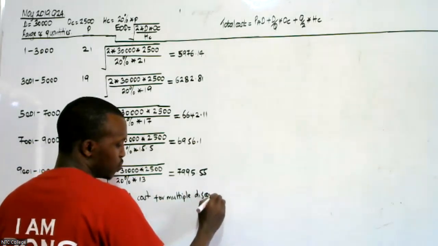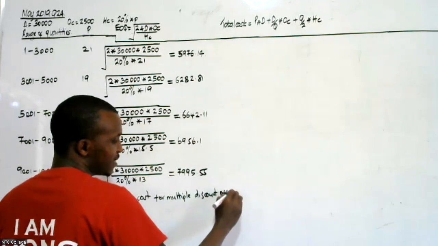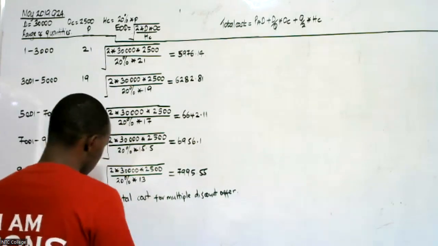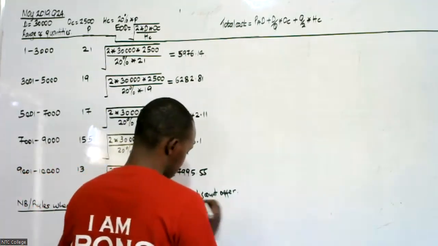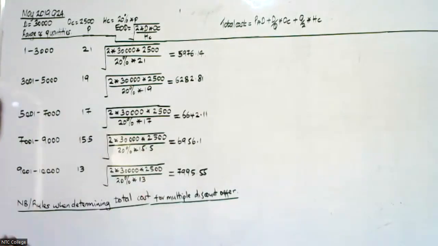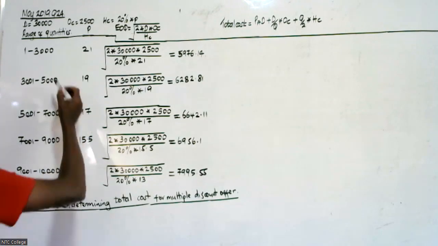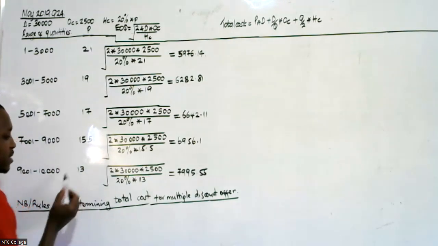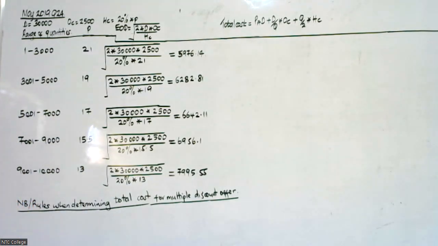What we have previously done is what we refer to as single quantity offer, like the previous question of December 2021. But this one is a multiple discount offer, where different quantities are being purchased at different prices. So total cost has certain decision criteria.